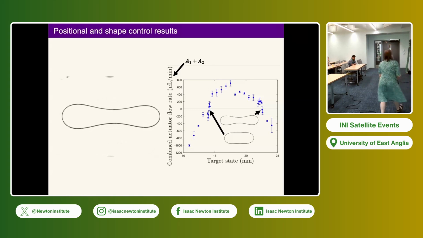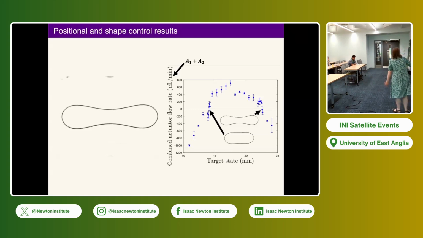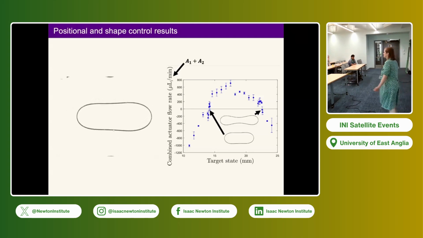Okay, so what we've done is fixed all of the parameters, the strength of the straining flow, the size of the bubble. A whole load of experiments have happened, and depending on what target state you choose, sometimes you have a large negative injection rate, sometimes you have a large positive. But you can hopefully see that there are 2 points where its data is crossing 0.